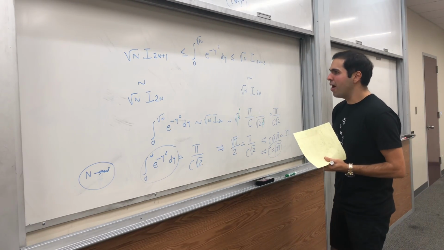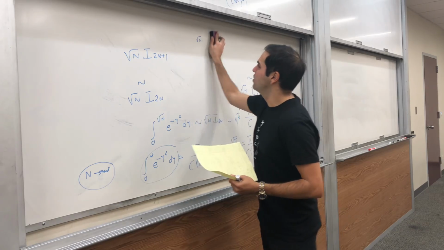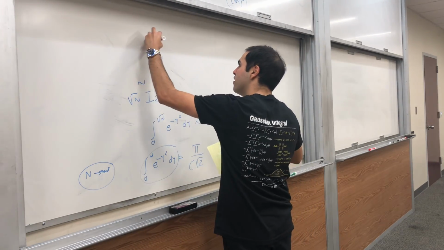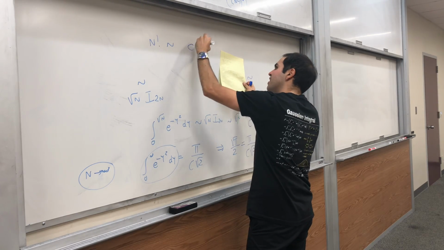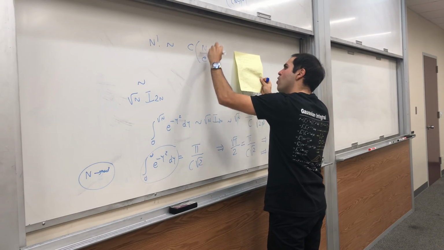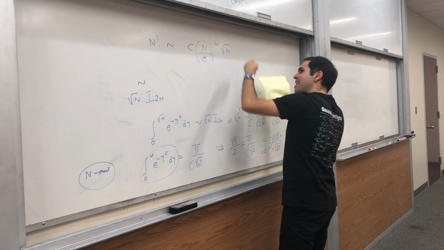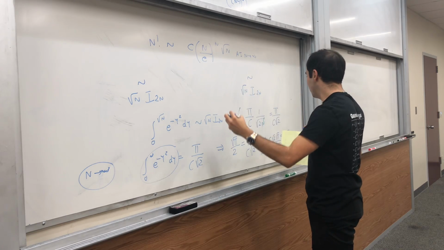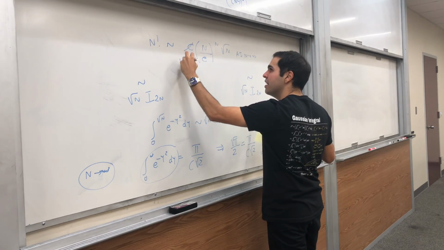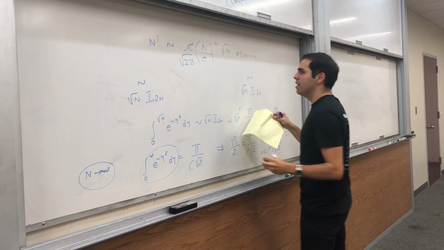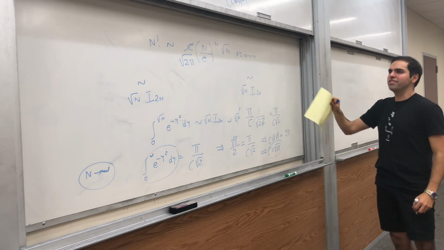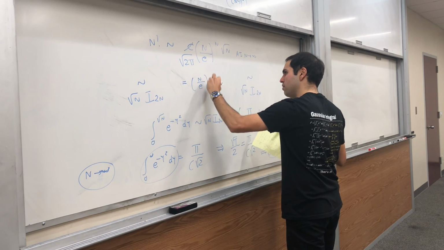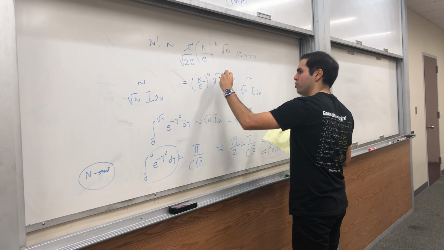Why does that solve our problem? Because remember, we had de Moivre's formula, which just says that n factorial is asymptotically equal to c times n over e to the n, times square root of n, as n goes to infinity. And we've just shown that c is square root of 2 pi, so we get n factorial is asymptotic to square root of 2 pi n times n over e to the n.